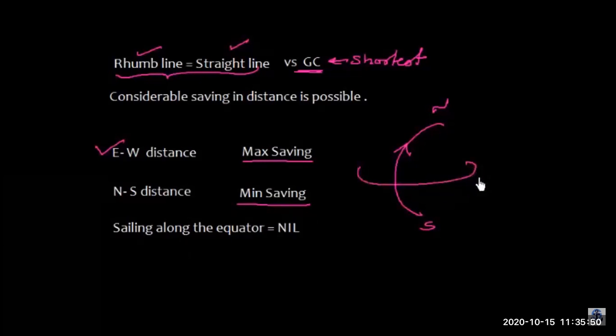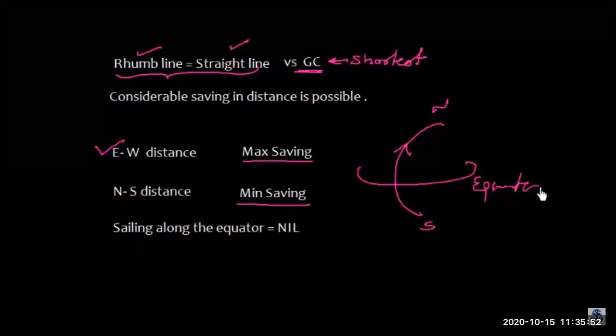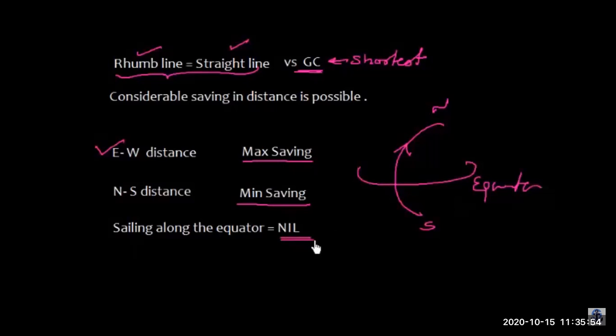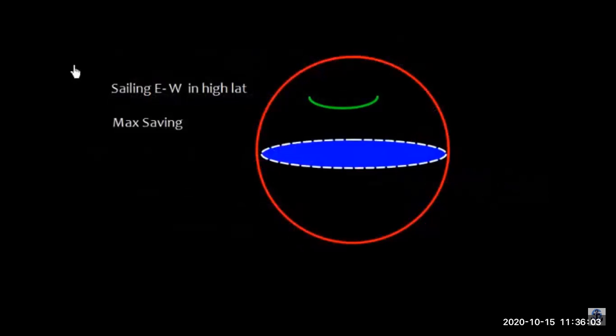And if you're sailing along the equator, then the difference in great circle sailing is nil, because the rhumb line, the straight line course, and the great circle course are the same.